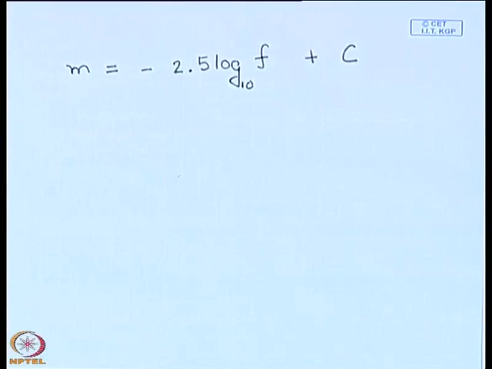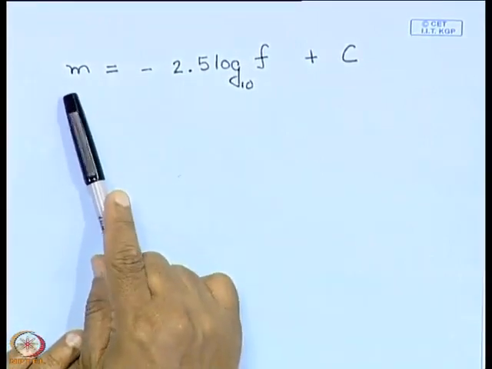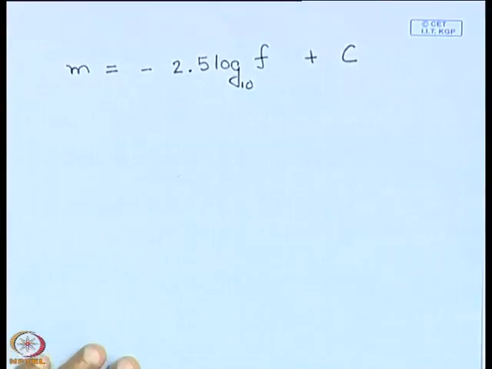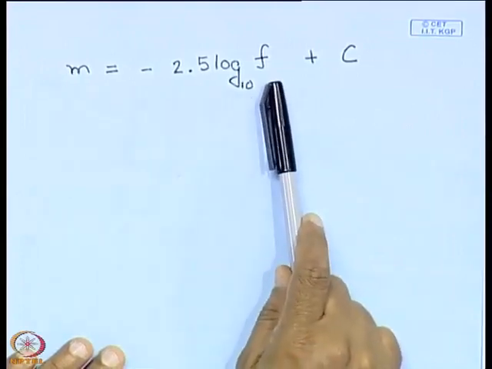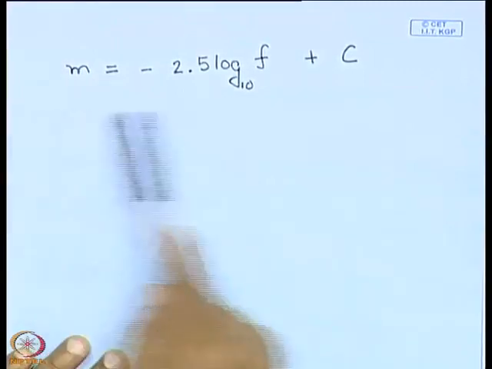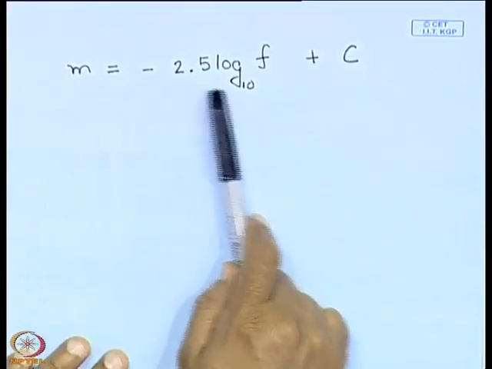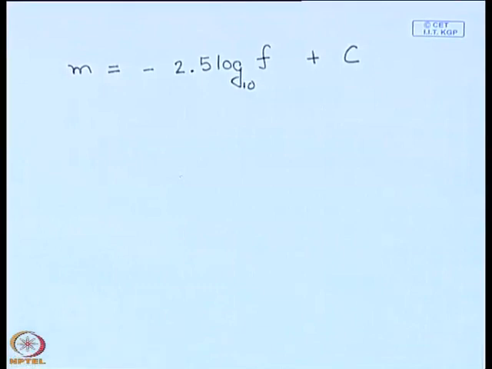So it was found later that the magnitudes which were defined by the ancient Greek astronomers were related to the measured fluxes like this. The constant sets the 0 point of the magnitude scale.